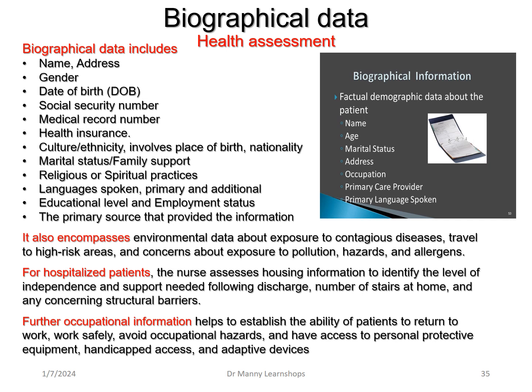For hospitalised patients, the nurse identifies the level of independence and support requiring following discharge. Because again, the patient may have safety issues at home. They're elderly, they have stairs, they could slip, fall, and so forth. And again, it could relate to their occupation as well.